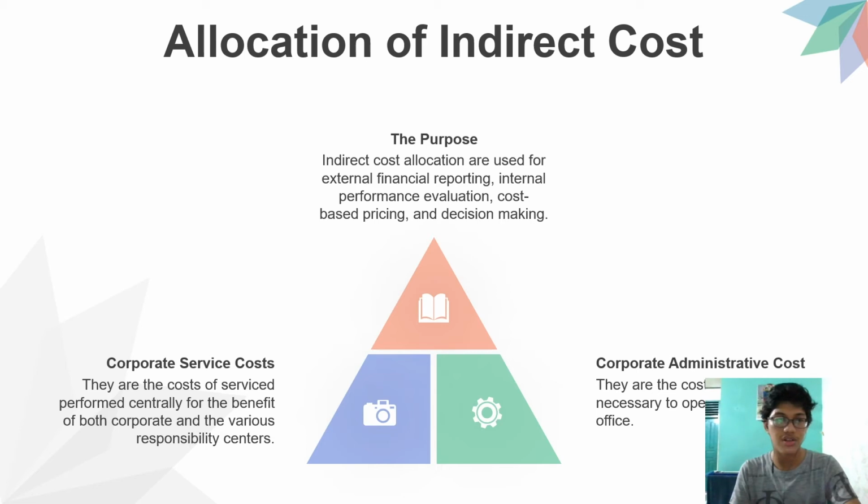The first one is corporate service costs, which are the costs of services performed centrally for the benefit of both corporate and the various responsibility centers. And the second one, the corporate administrative costs, which are those costs that are necessary to operate the corporate office.